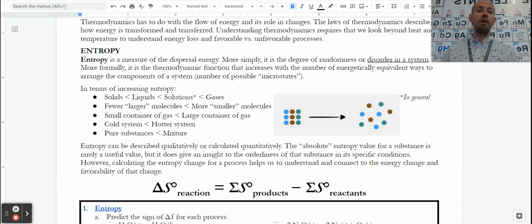The natural flow of entropy or disorder in the universe, according to the laws of thermodynamics, is that entropy in the universe will always increase, meaning that if we don't have any intervention, the system is going to disperse energy or it's going to become more and more disorderly over time. The classic chemistry teacher example of this is thinking about your bedroom.